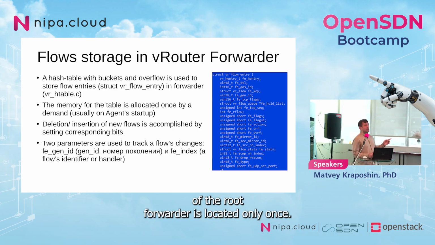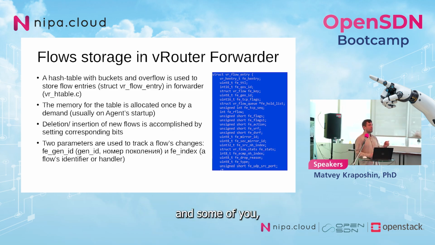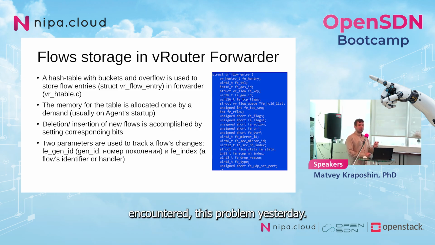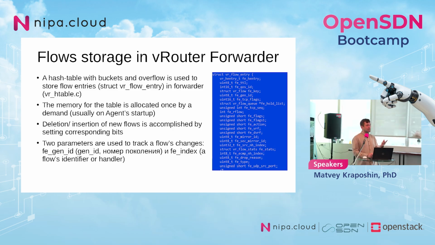The flow table of the router forwarder is allocated only once when agent asks the router forwarder about this. And some of you encountered this problem yesterday. I remember that two of you who were doing tutorial encountered this problem.